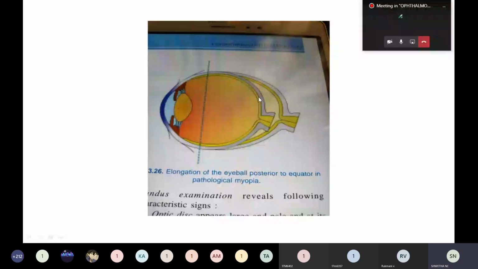So there is elongation of the eyeball posterior to the equator in pathological myopia. This is the line for the equator. You can see the posterior part, posterior to the equator, so there is so much elongation of the eyeball, which we have seen in pathological myopia.